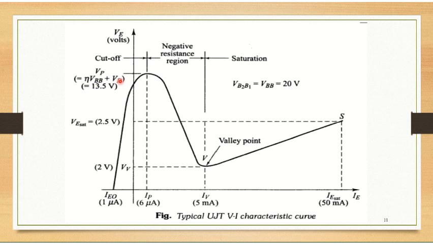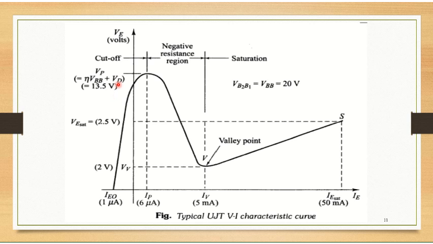If the voltage drop across the diode is 0.5, and the eta value, which can range from 0.5 to 0.8, is assumed to be 0.65, and the voltage VBB applied across the two base terminals B1 and B2 is 20 volts, then VP will be 13.5 volts.